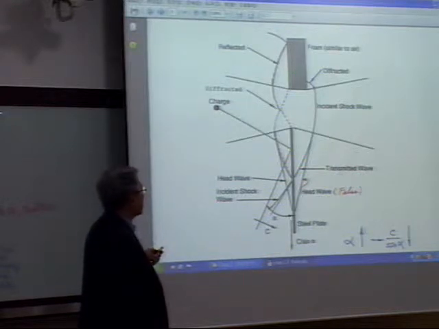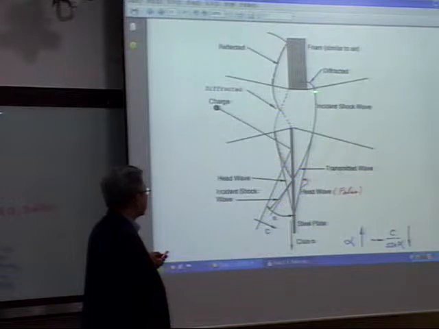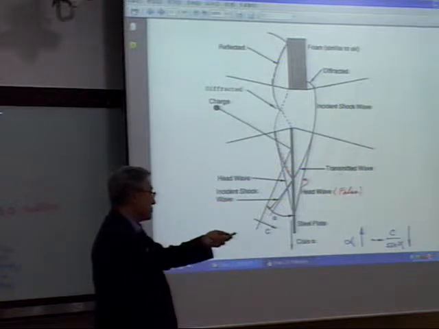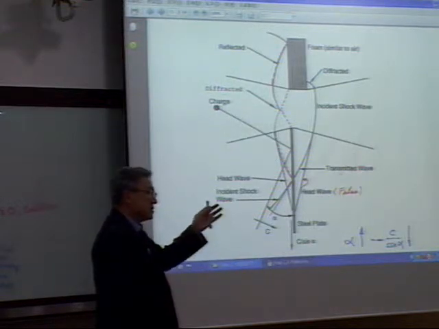Okay? And let's look at the big wave here. As you look at this opening here, the shock wave will penetrate through this opening, and here it is diffracted. It's like putting a flashlight on: as you go behind it, it's still light there.